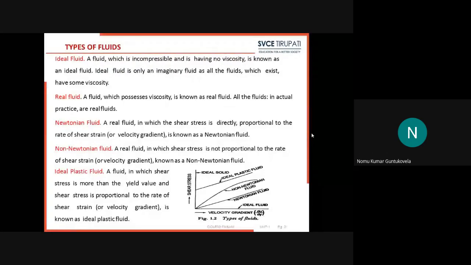Non-Newtonian fluids are also real fluids, in which the shear stress is not proportional to the shear strain.